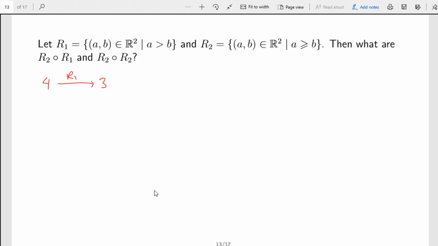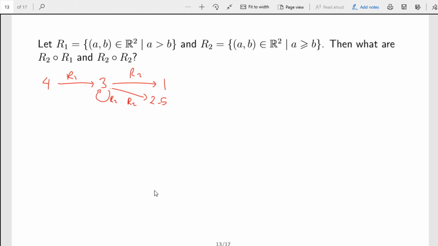Well, using R2 you could go from 3 to, say, 1, or 3 itself, or maybe 2.5, and you have many of them, right?